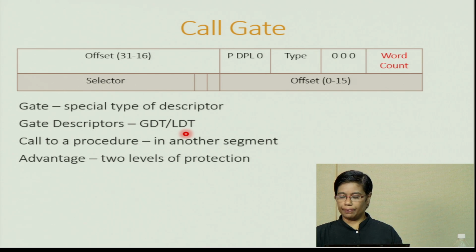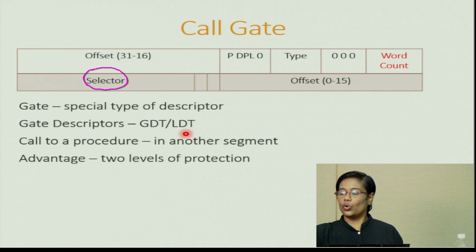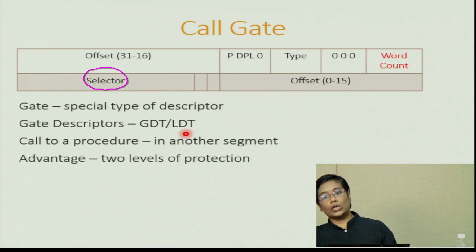That remains the same. Now there is also going to be a selector available. Instead of the base address here, there is going to be a selector. This selector in turn will point towards a descriptor, which is the descriptor of the high level segment, or the high privilege segment.